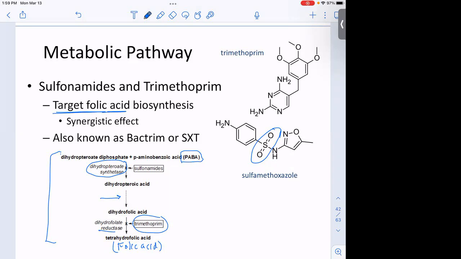But we often use the sulfa drugs like sulfamethoxazole along with trimethoprim because they work, you could say, synergistically. So if you use those drugs together, they're both targeting the same pathway. They're just making sure that no folic acid is made. Okay, so when we put those 2 drugs together, we call it SXT.